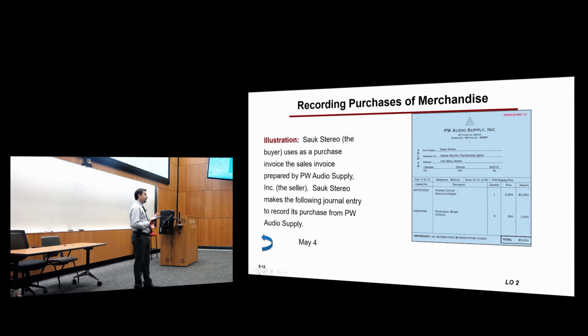And remember one thing. Remember when we talked about the difference between a truck used for sale and a truck used for the business operations? If it's used for business operations, it will be classified as equipment. If it's used for sale to be sold later on, it will be inventory, right?